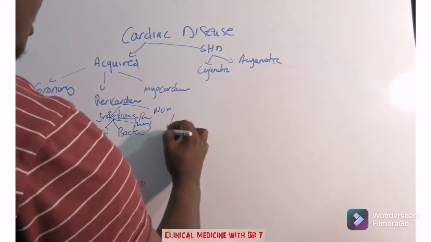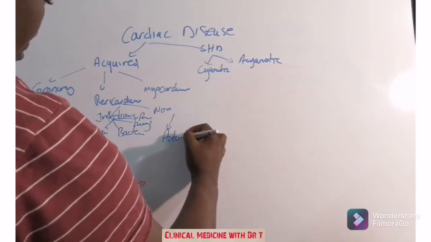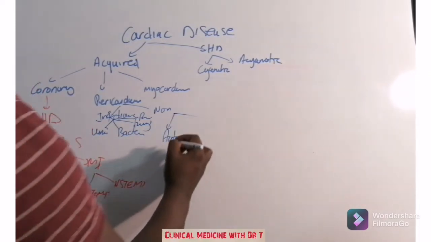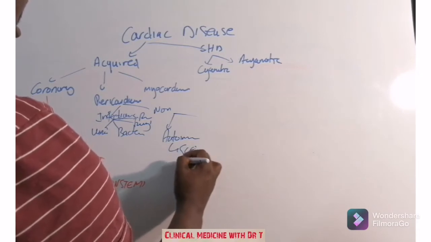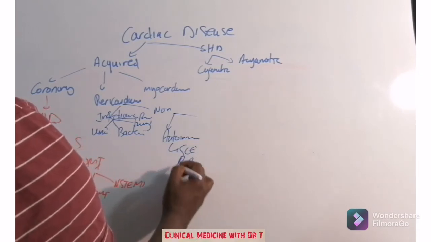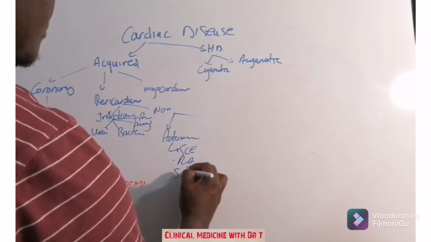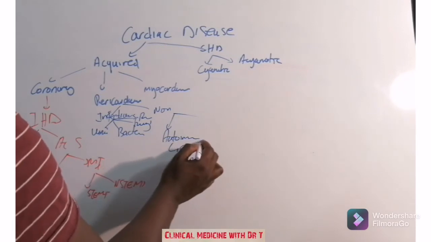We've spoken about the autoimmune disease and the non-autoimmune disease. Under autoimmune, you've got things like SLE, rheumatoid arthritis, scleroderma. That's autoimmune.